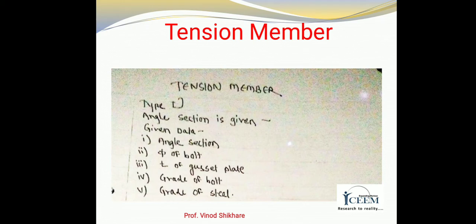We see the steps of designing a tension member. These are for a tension member of type 1, where an angle section is given, in which the given data may be an angle section of particular size, the diameter of the bolt, the thickness of gusset plate, the grade of bolt and grade of steel.